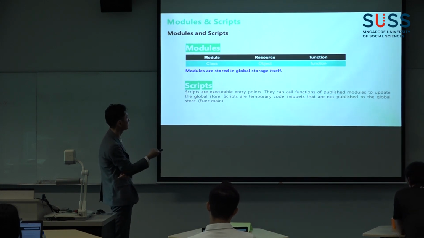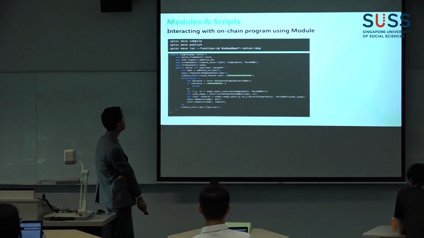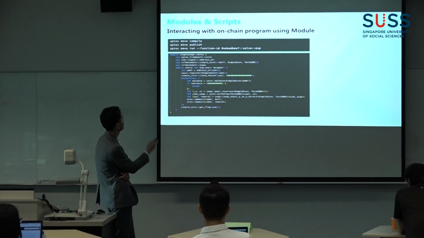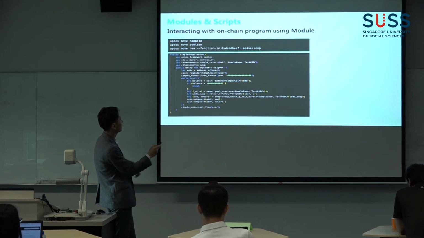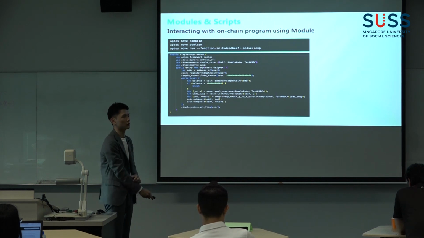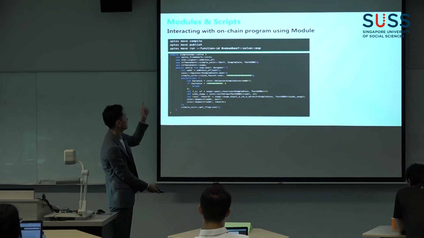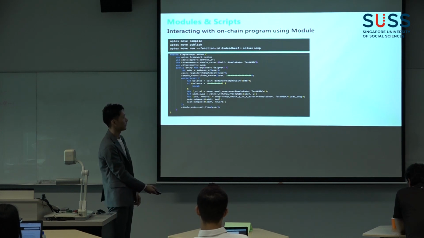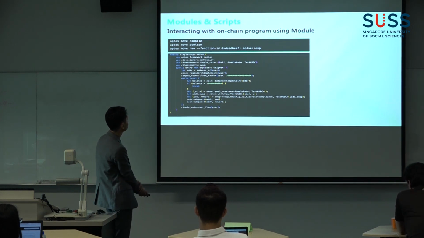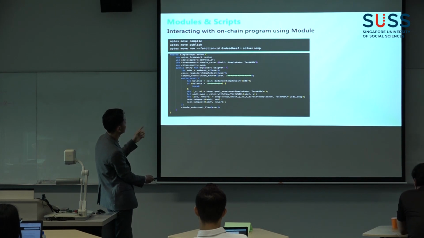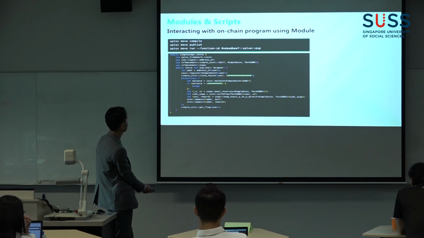Like we demonstrated before, we first compile the module, and then we publish it. And then, instead of the graphic user interface like last time, it's more convenient for developers to invoke functions in the command line. This is the way to interact with an on-chain program using a module.